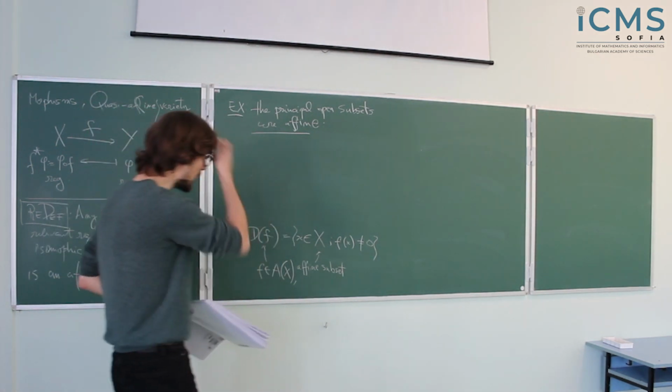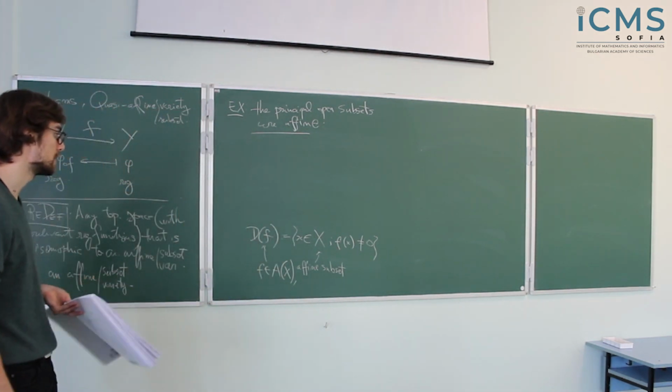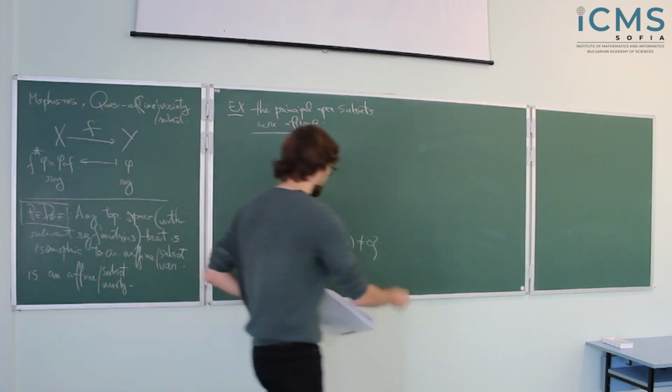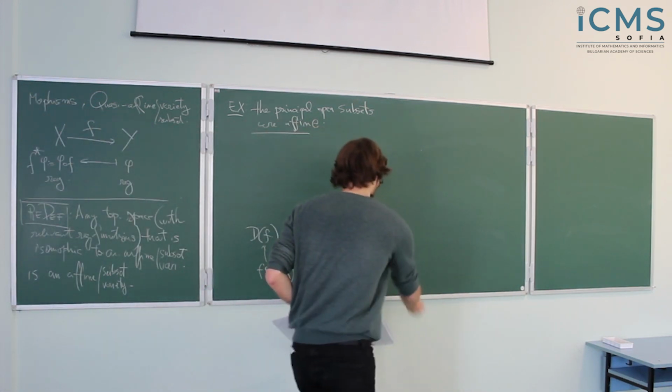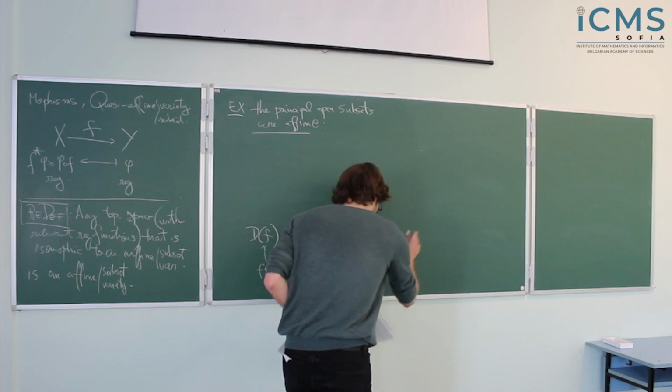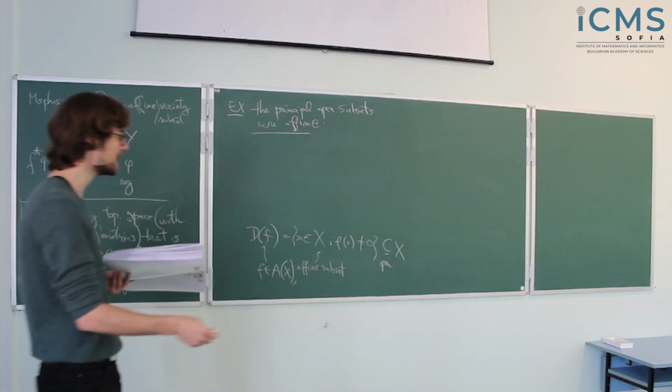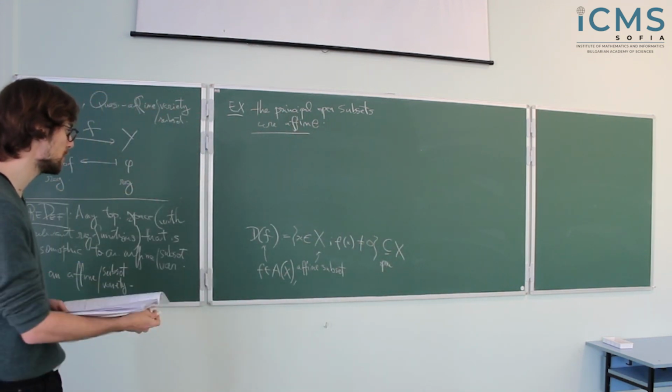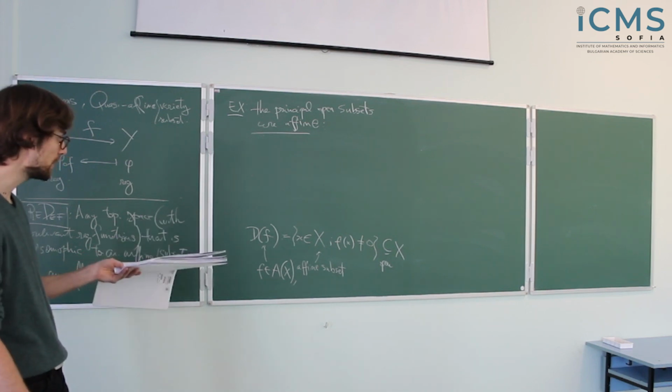This actually is an open subset inside of x. But in fact, it will be even more than that. It will be isomorphic to an affine variety.